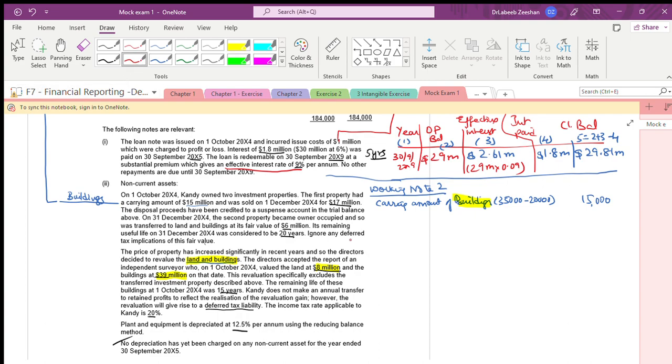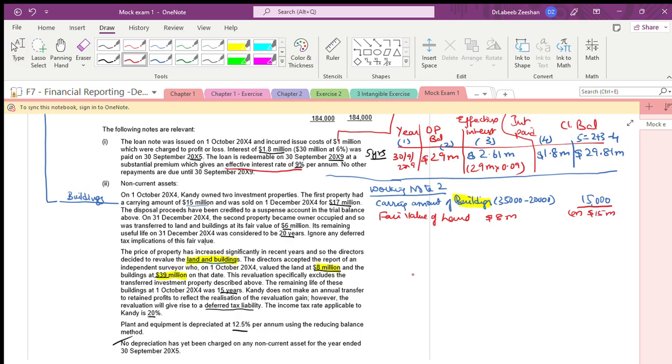Put it like this, okay? Fair value of land is 8 million.